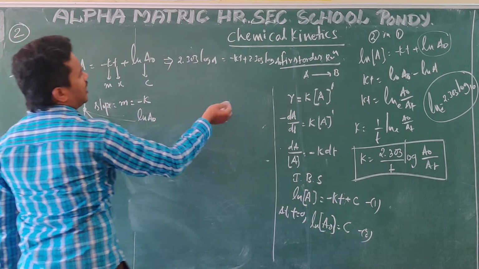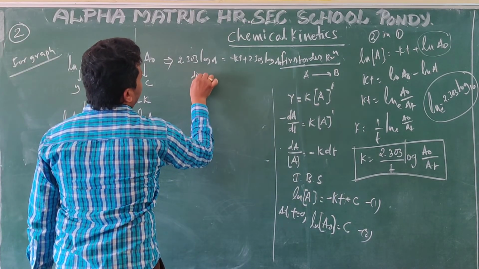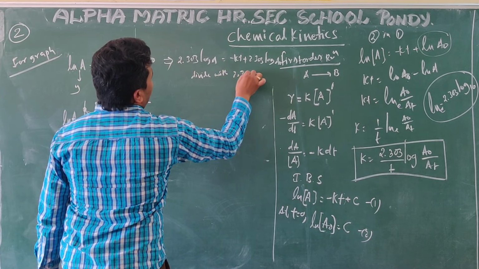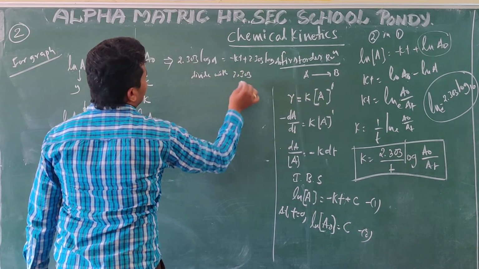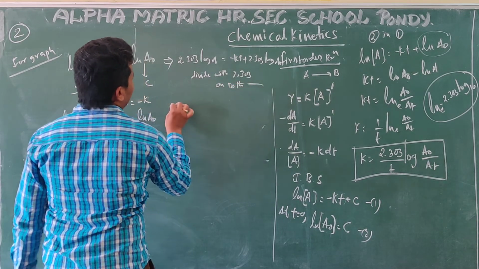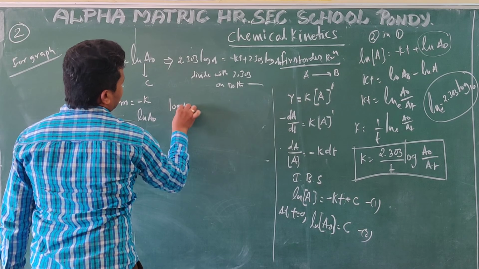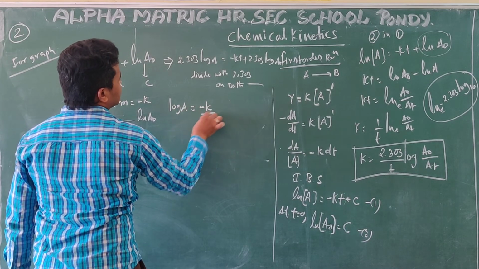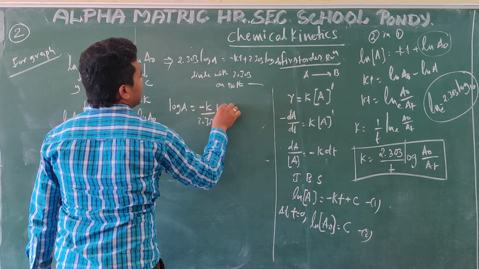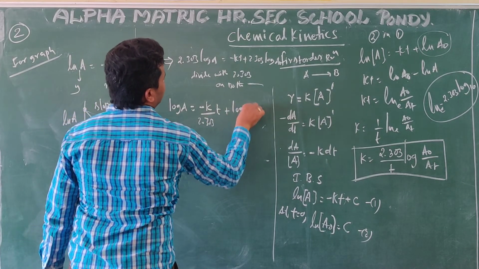Divide with 2.303 on both sides. Log A is equal to minus k by 2.303 t plus log A naught.